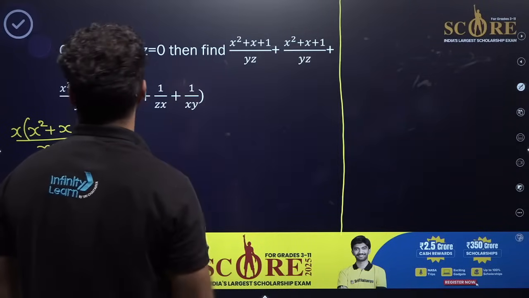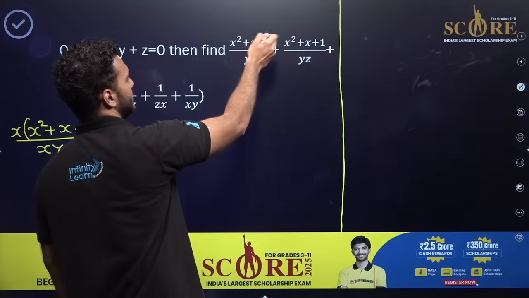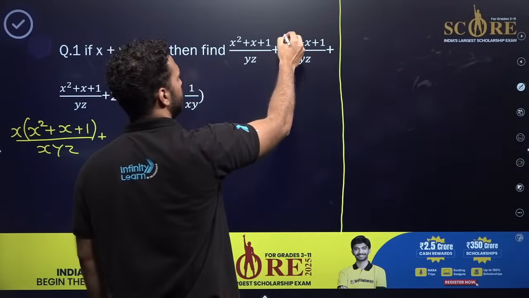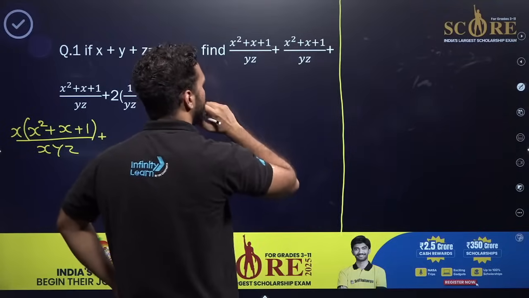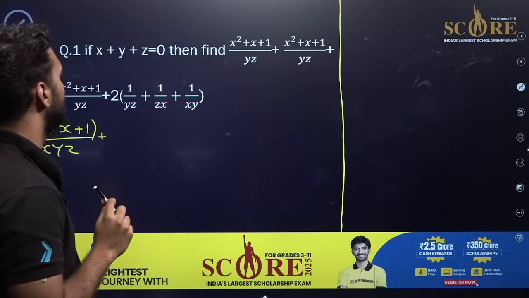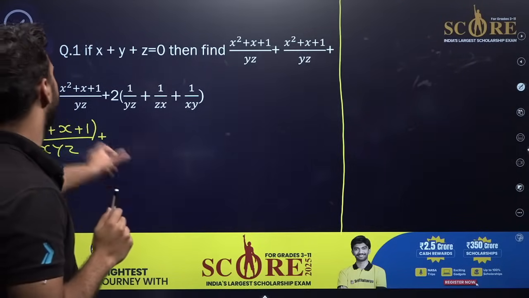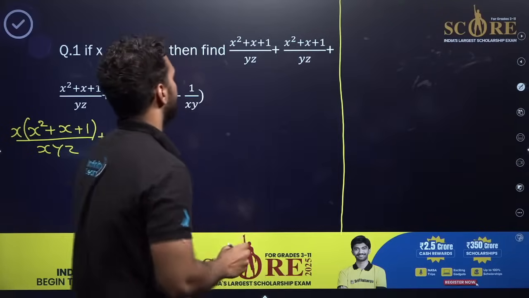actually there is a problem. See, here x square plus x plus 1, here should be y, z. Sorry students, this question has some typo error, that they copied but forgot to write down. Okay, let me write this question perfectly.